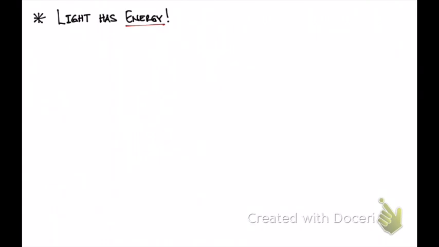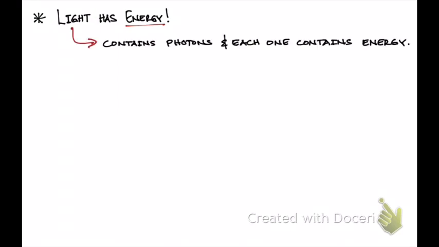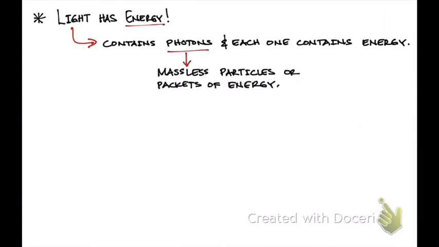That's because light contains energy. So light contains photons, and each one contains energy. And a photon, by definition, is a massless particle or packet of energy. And Einstein is actually the one that proved this mathematically and experimentally.